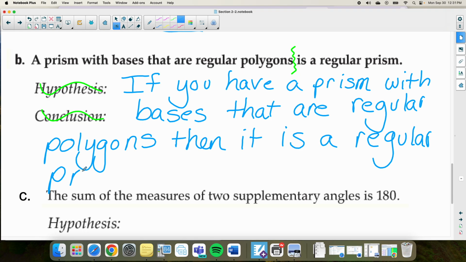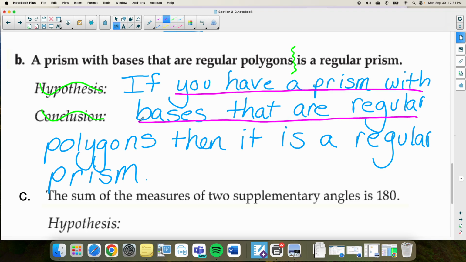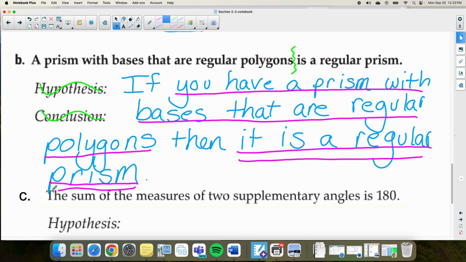And then you are going to go back in and single underline everything with if, not including if. And then you're gonna double underline what's after then, but don't underline then.